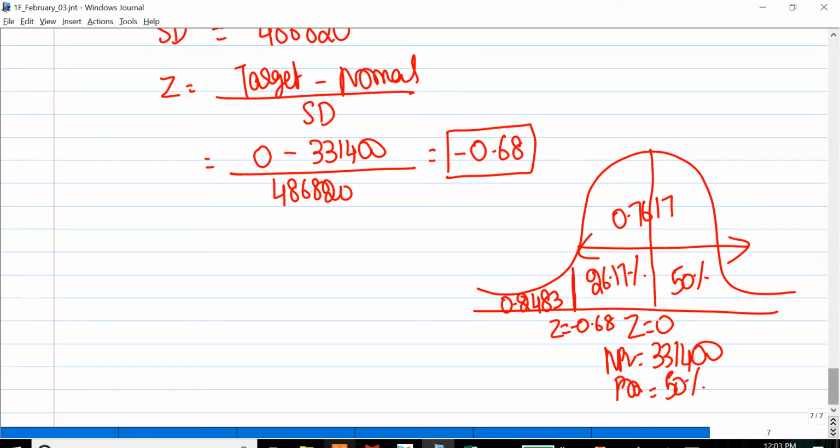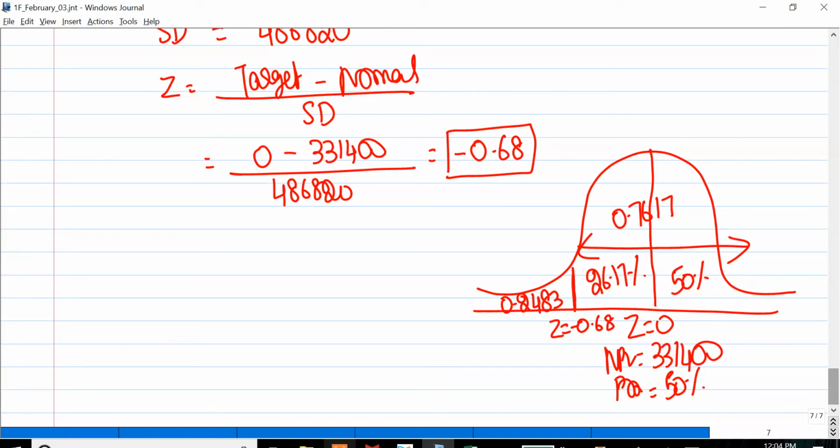This would be the value to the left side of the tail.